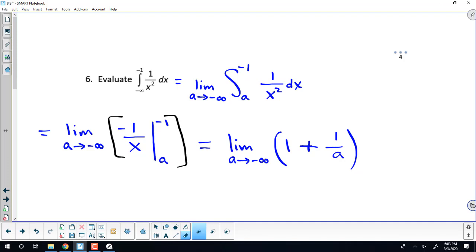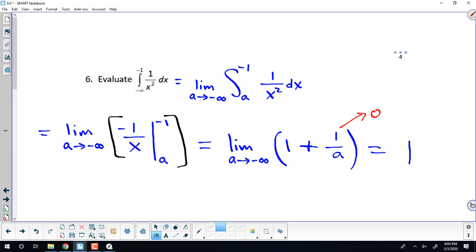As a approaches negative infinity, 1 over something getting larger and larger is 0. So this is equal to just 1. Sorry, I thought you were asking about 1 over a. Oh yeah, that would have worked too. That approaches 0.